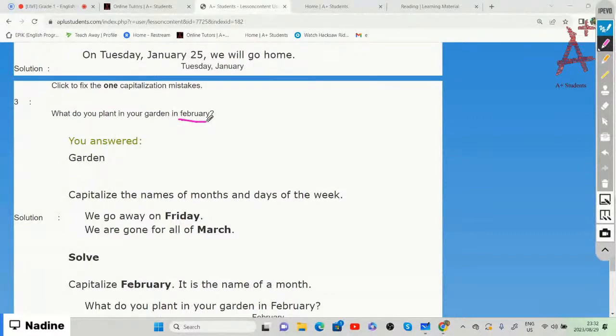Because February is a month of the year, meaning that we need to write February with an uppercase. So basically the first letter is a capital letter, or we say it is uppercase.